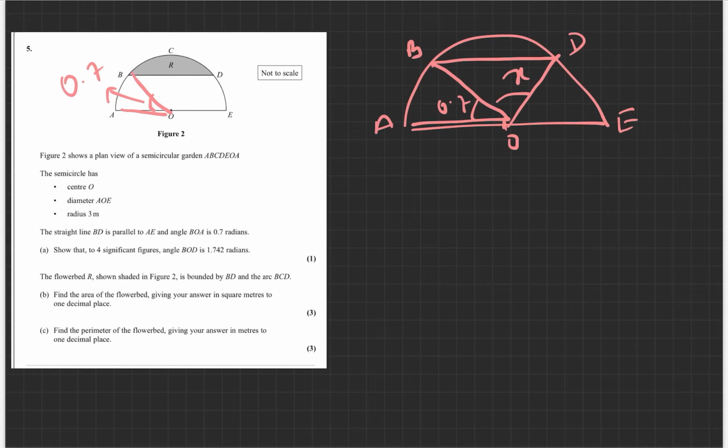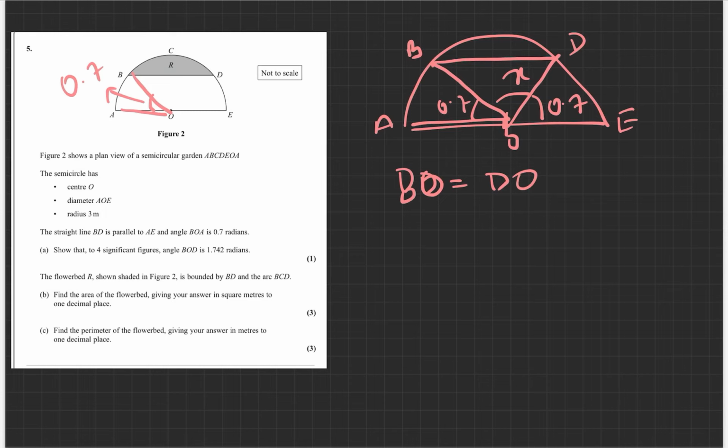Because O is at the center of the semicircle, the distance BO will be equal to the distance DO. So what this means is that this will also be 0.7.